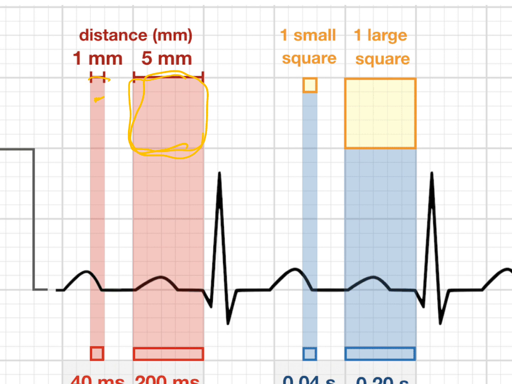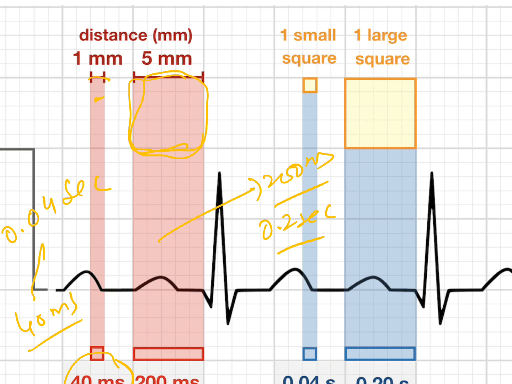So, one small scale, 1 millimeter, is equal to 40 millisecond, or 0.04 second, and one large scale is equal to 200 milliseconds, or 0.2 second. Is it okay?